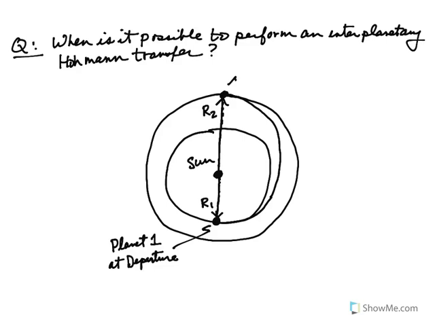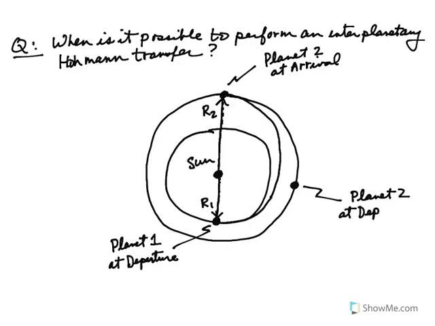Similarly, this right here has to be planet 2 at arrival. In other words, when the spacecraft actually gets to apoapsis, planet 2 has to be there. So now, these two planets, when we started the transfer and ended the transfer, have to be in other locations. So the first location I'm going to draw here. This location right here is the location of planet 2 at departure.